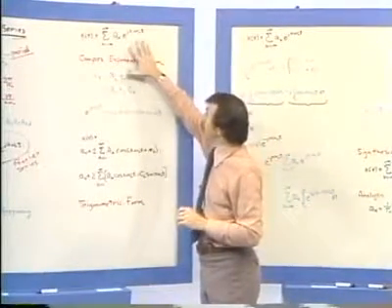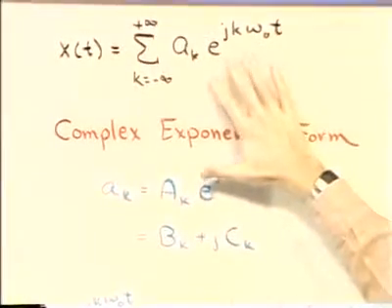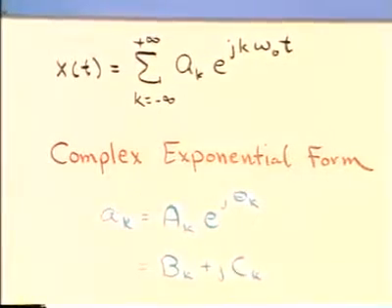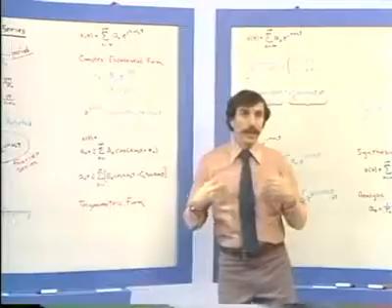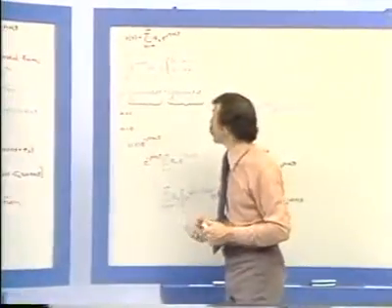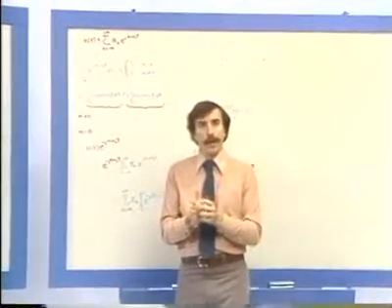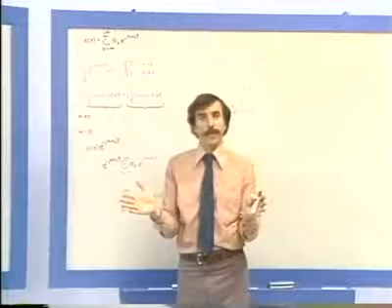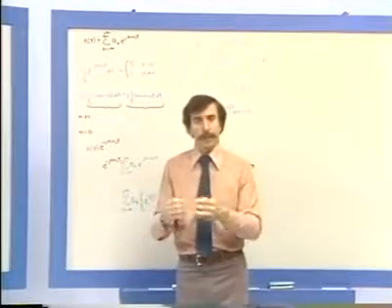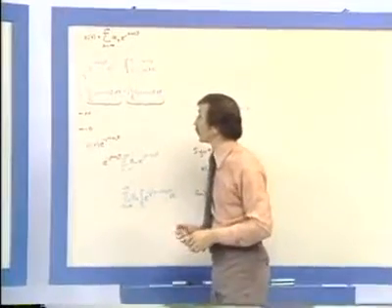When we use this representation, we'll find it convenient to refer to both positive frequencies and negative frequencies. So the representation that we will most typically be using is the complex exponential form. And in that form, as we think of decomposing a periodic signal into its components at different frequencies, it will involve both positive frequencies and negative frequencies.